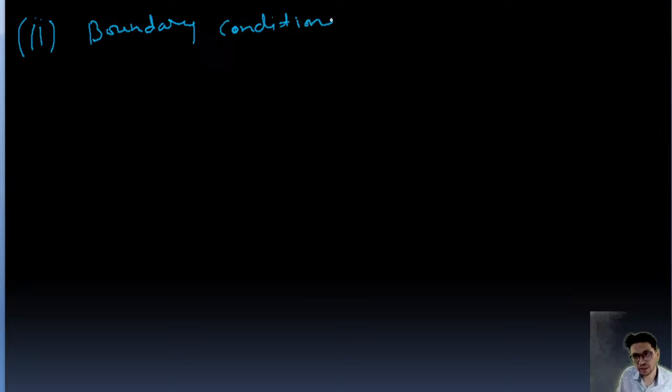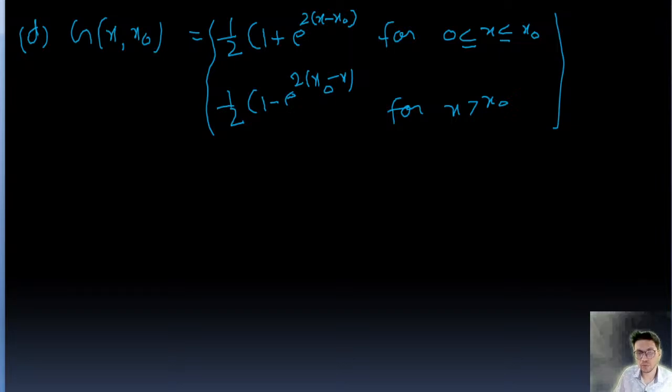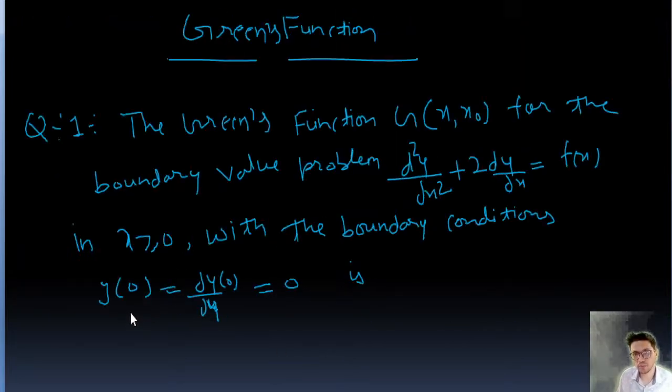Now we'll check the second, that is the boundary condition. The boundary condition is given. The value of y at x equal to 0 should be equal to the value of dy over dx at x equal to 0.